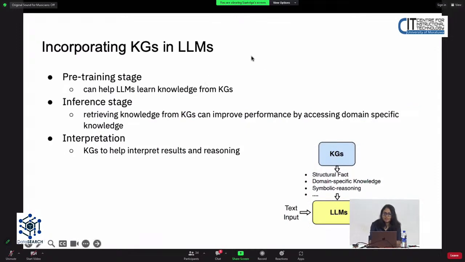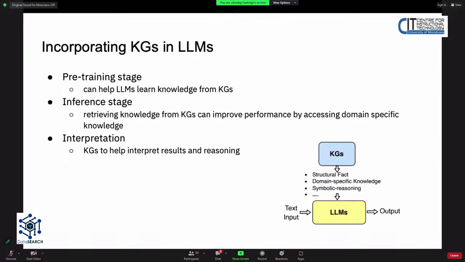So at which stages can we add these into LLMs? The pre-training stage in an LLM is one space where you can input information from a knowledge graph. And at the inference stage, for example, when we are trying to predict something, can we use a knowledge graph to improve the performance at that stage?